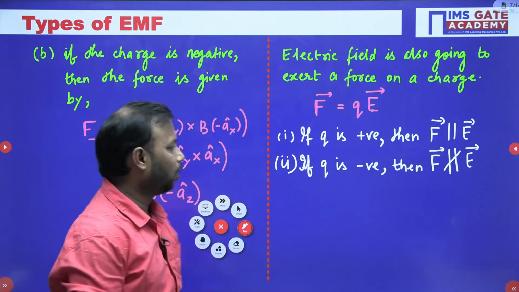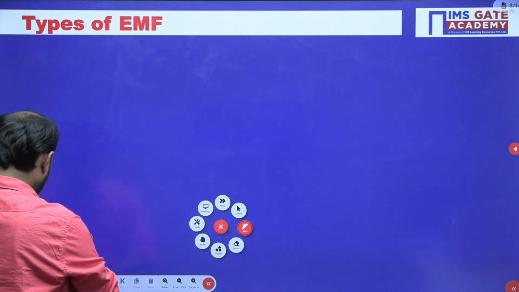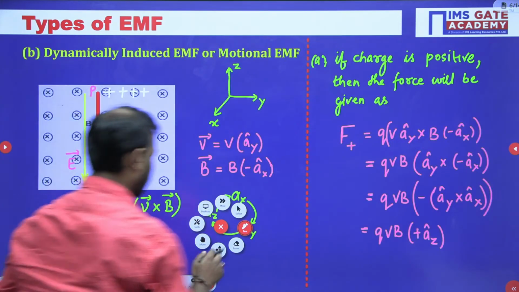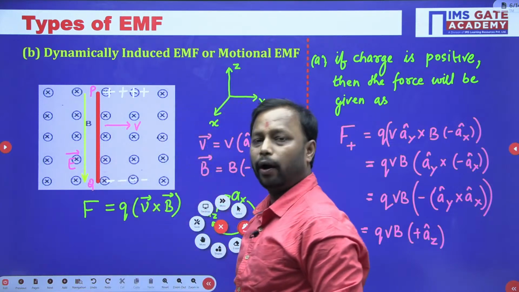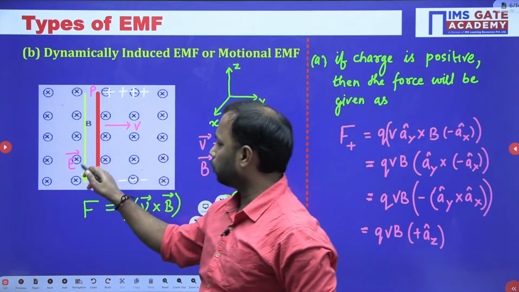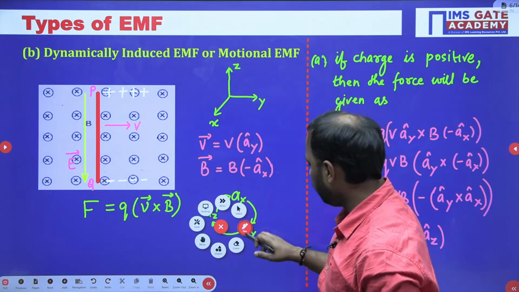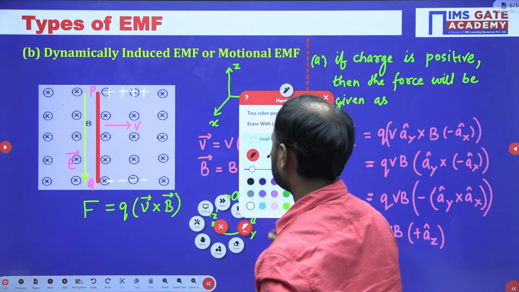लाइक दैट. तो यहां से वी कम टू नो दैट this electric field is going to exert one more force, and that force due to the electric field, what will it do? Let me change the color here.